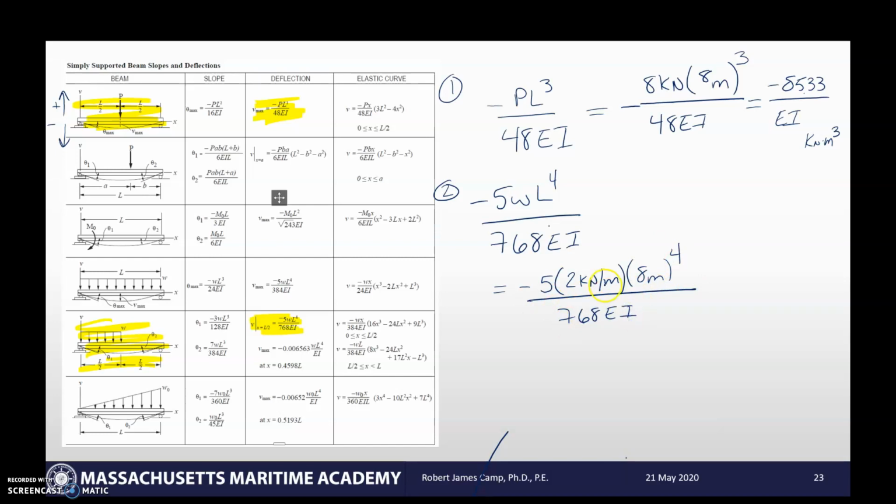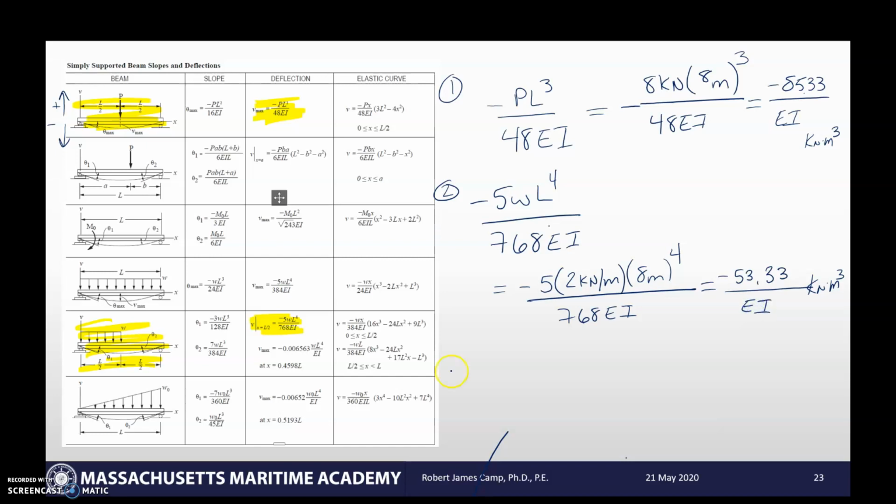Looking at the units here, because we have meters to the fourth, we are going to end up with kilonewtons times meter cubed. Obviously that's not all of it, because you have the EI, but we're just going to solve this in terms of EI right now. If I plug the rest into my calculator, I will get negative 53.33 over EI.